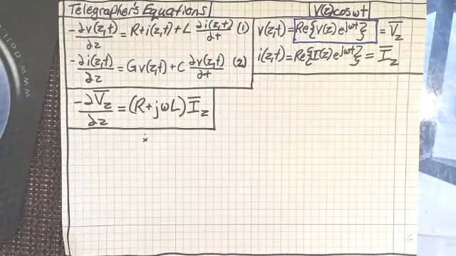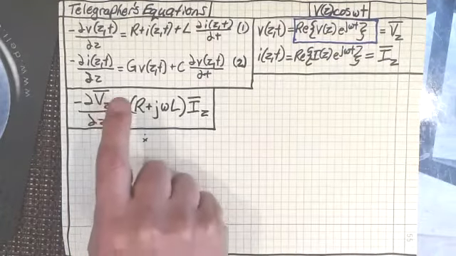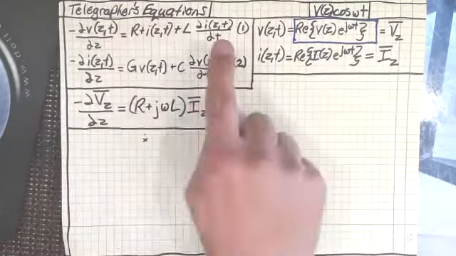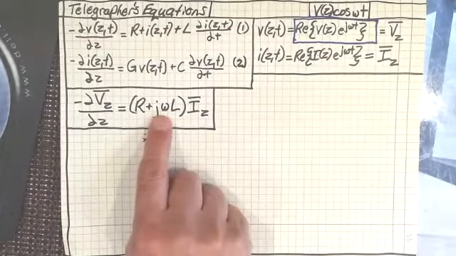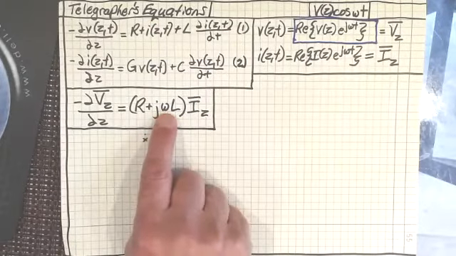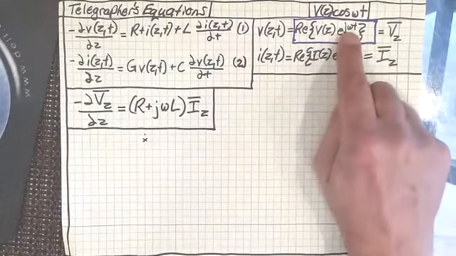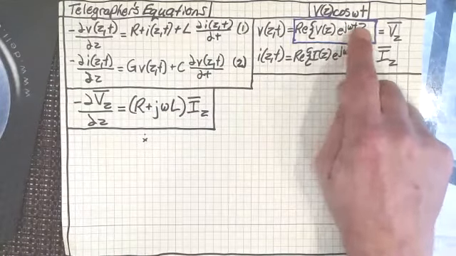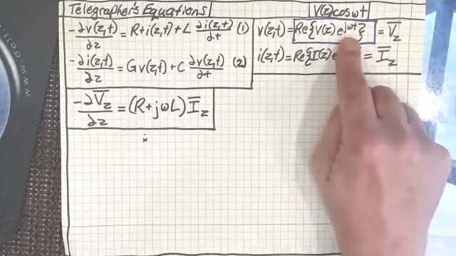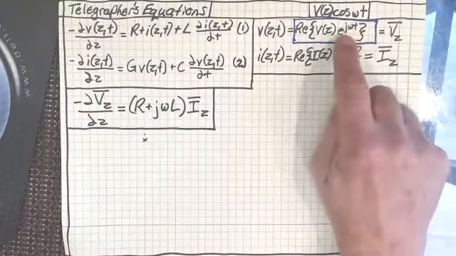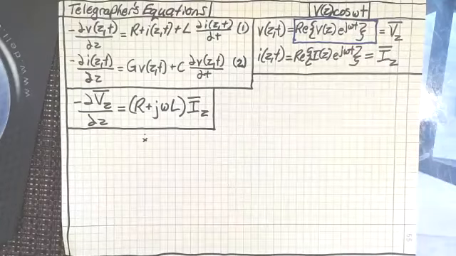So I can refer you back to that lecture or to your notes, and look at how I got that j omega, because that j omega is really just the derivative of e to the j omega t, right? If I take the derivative of e to the j omega t, it's just going to be j omega e to the j omega t.